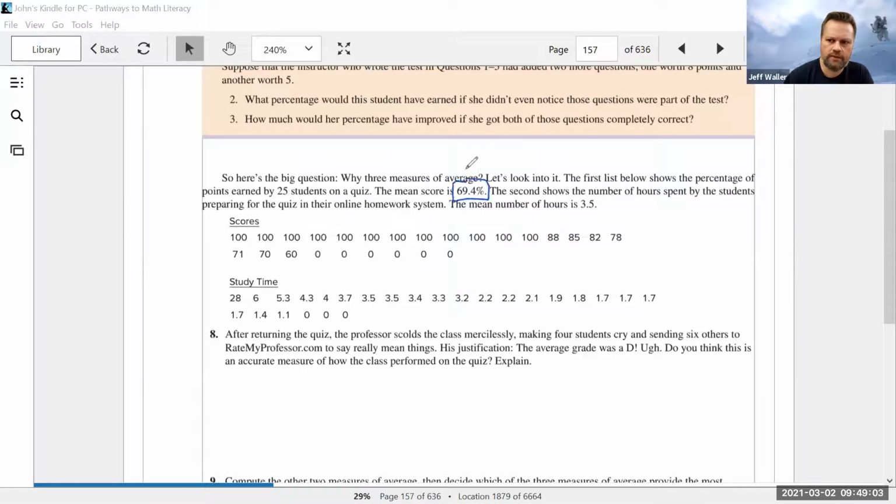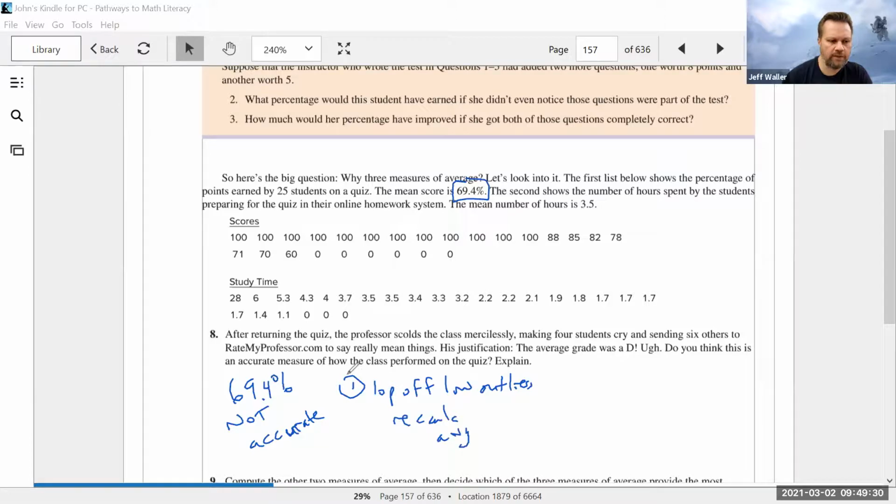So this is not accurate. Does anybody not agree? Okay, so you could get rid of those 5 zeros. Good. One way to do this is to lop off the low outliers and recalculate the average.